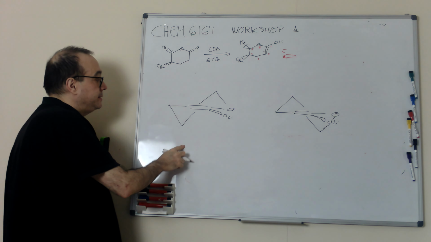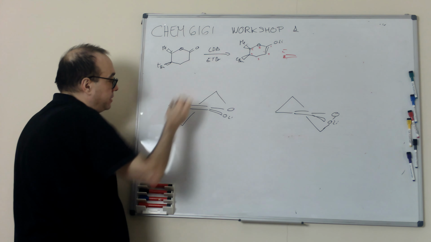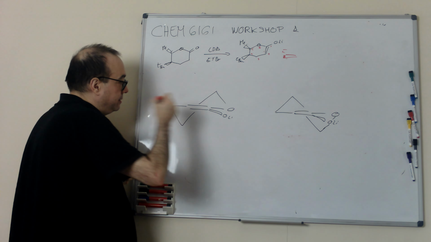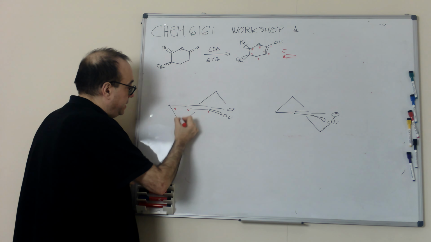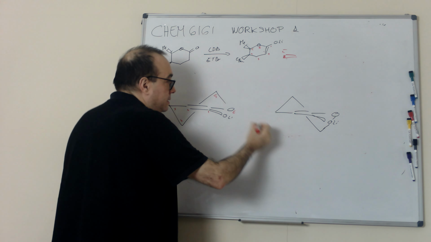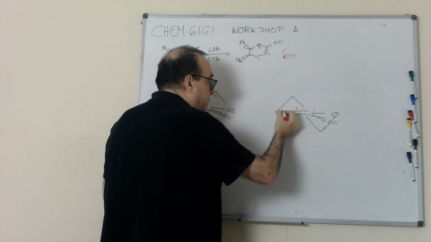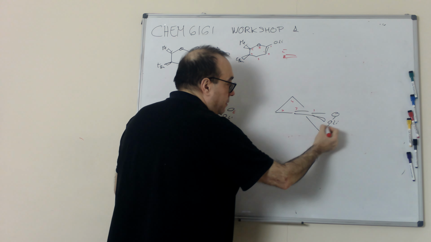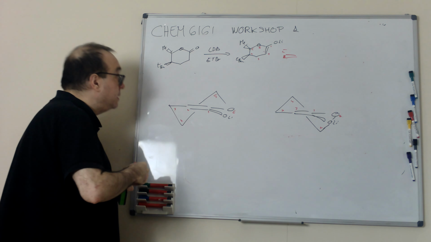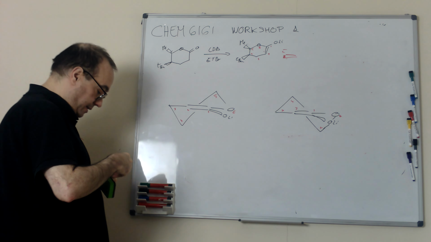In this case, the tert-butyl is up. I enumerate again: 1, 2, 3, 4, 5, 6. The tert-butyl is in carbon 4, that means it's going up.